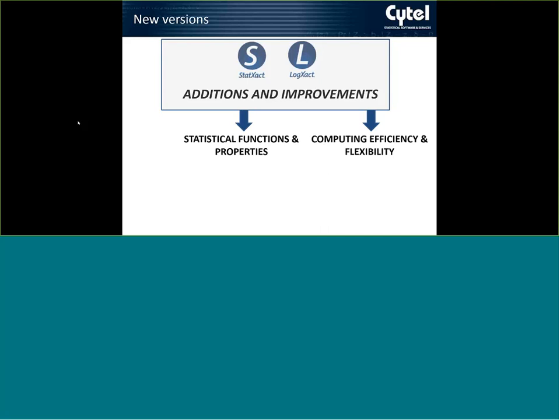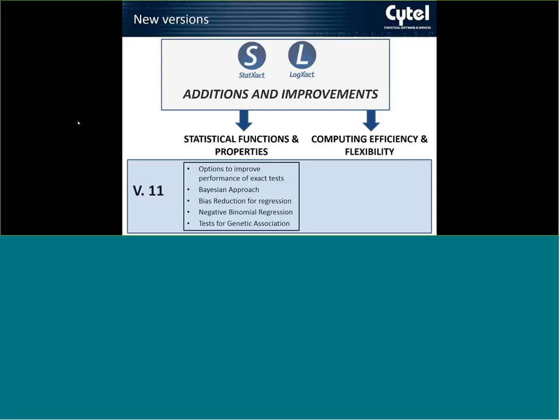Now, in terms of version 11, just to provide somewhat of a roadmap regarding how these improvements fit into those different categories, these are some of the primary enhancements that I'm going to review today with some examples. For example, some options that improve the performance of exact tests, and by performance I mean the statistical performance of exact tests.